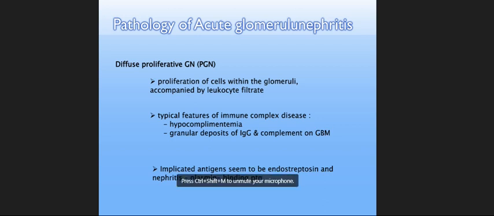We may find granular deposits of IgG and complement on the glomerular basement membrane. The implicated antigens seem to be endostreptosin and nephritis plasmin receptor. Remember, implicated, not proved.